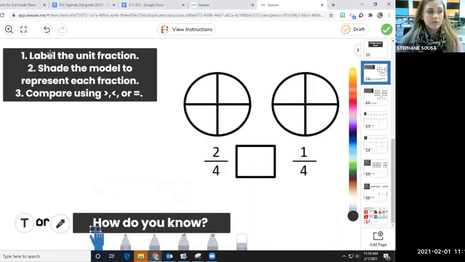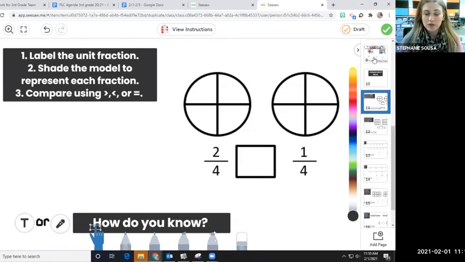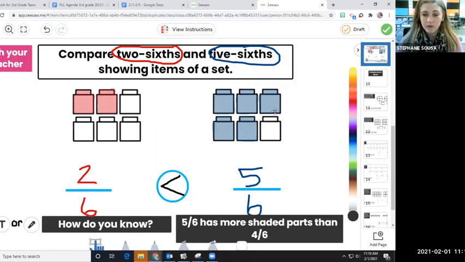You will label the unit fractions, shade the model to represent each fraction, and compare using greater than, less than, or equal to. You will also type or voice record how you know your answer is correct. Okay? That is your assignment for today.